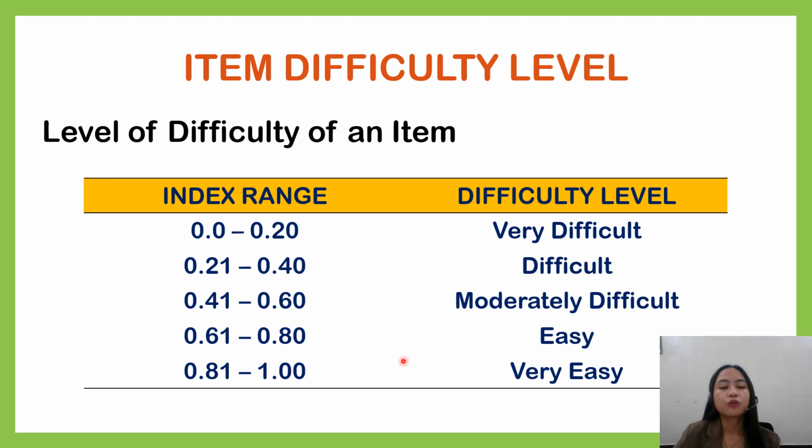And 0.81 to 1, the item is very easy. So, i-make sure ninyo na if you take your midterm exam, memorize nyo tong table na to. Tandaan nyo lang talaga yung index range ng each difficulty level.